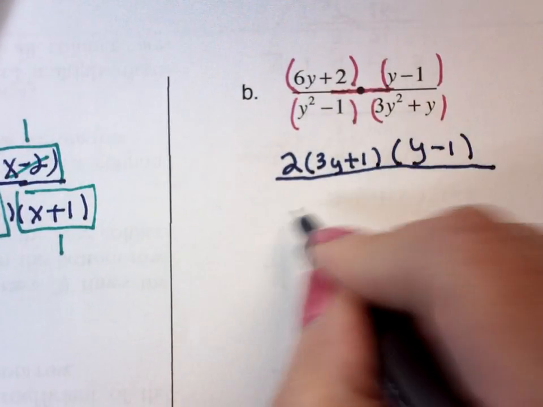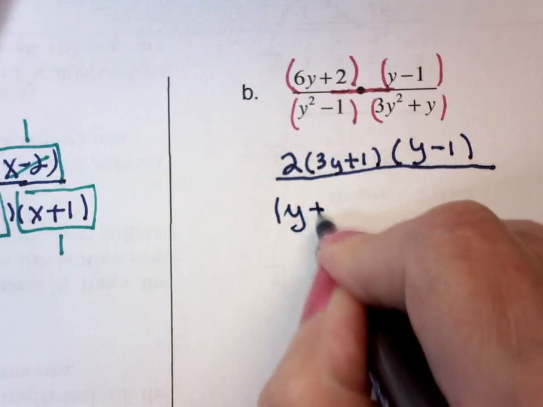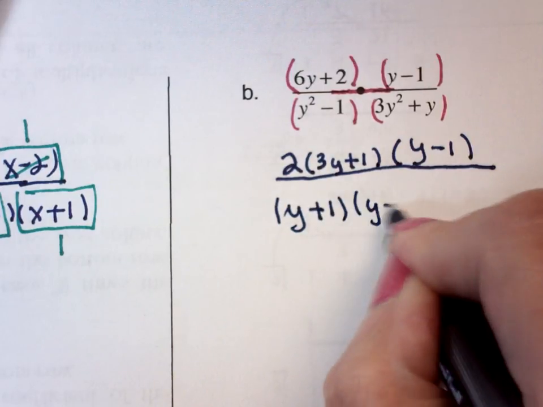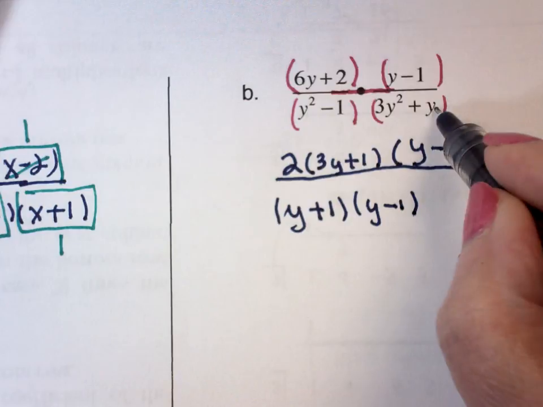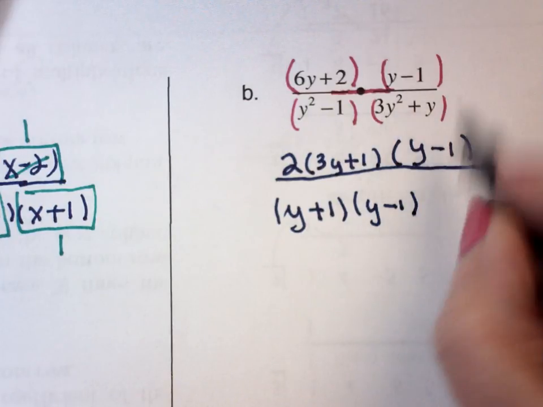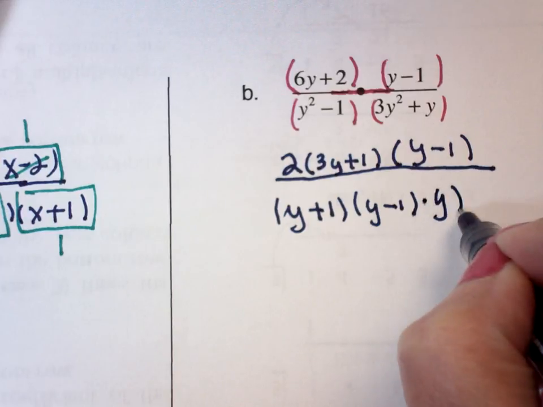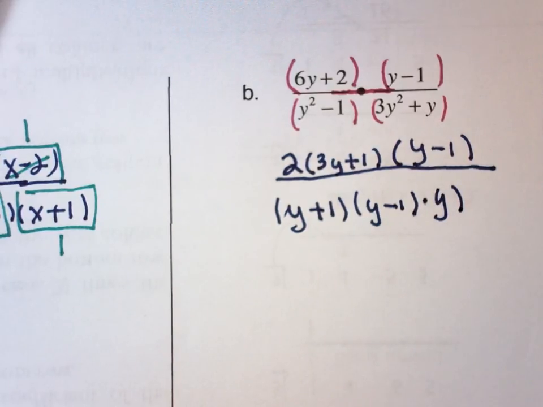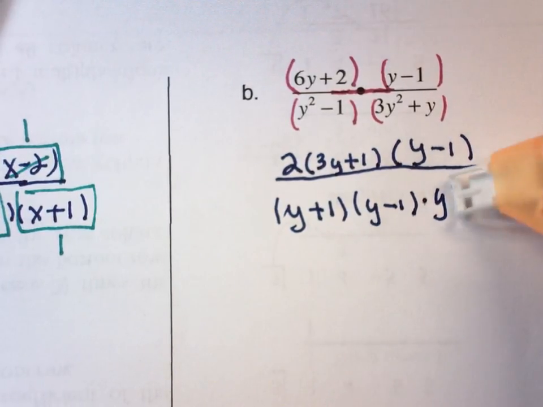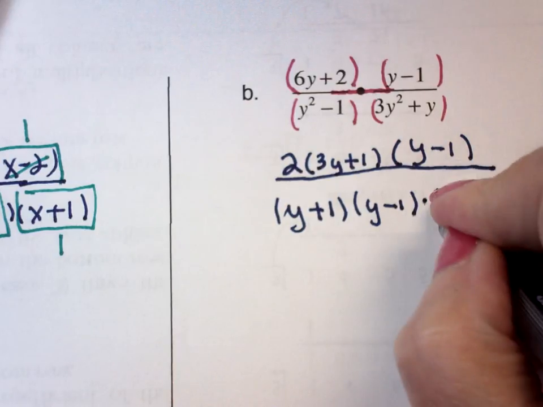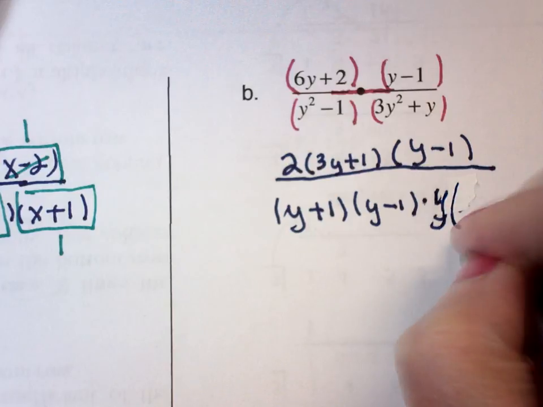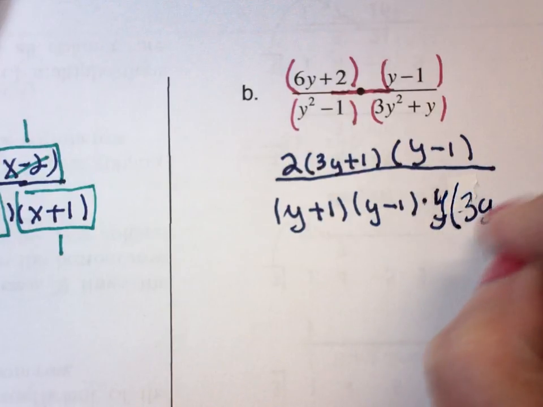Difference of squares, y plus 1, y minus 1. Greatest common factor of 3 of y. And it's 3y plus 1.